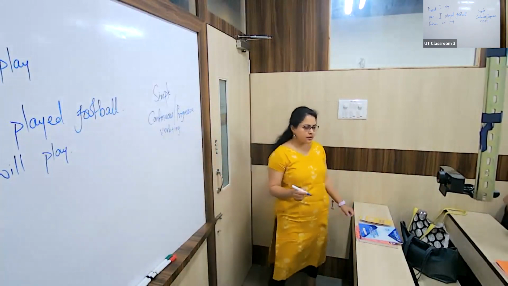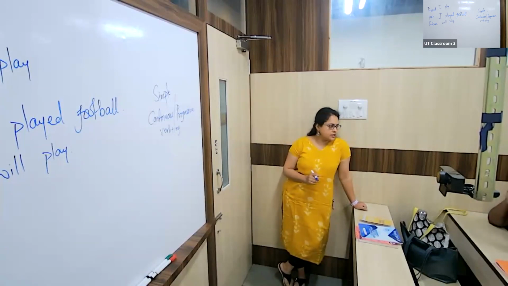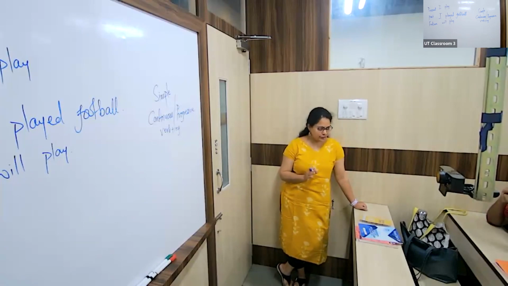I'm playing football. What will be the past continuous? I was playing. Very good. And had it been we instead of I, then we were playing. How will be your future continuous? I will be playing. I will be playing football.